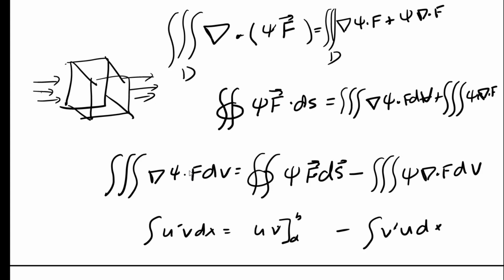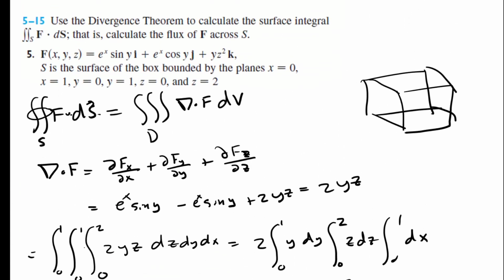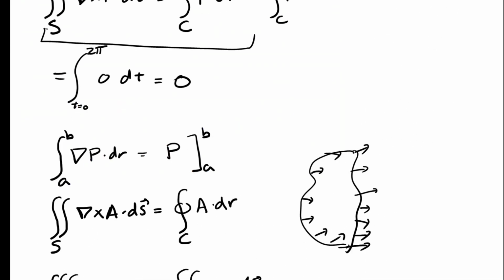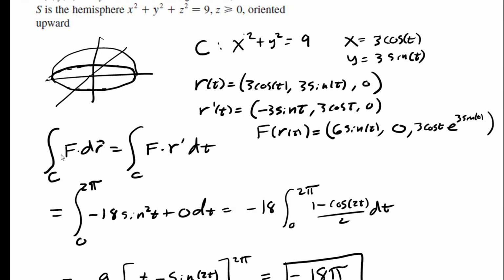Also, for Stokes, we don't multiply by r prime. The r prime is there, it's just kind of hidden. So for Stokes, this surface integral is equal to the integral of f dot dr, and f dot dr is f dot r prime dt.